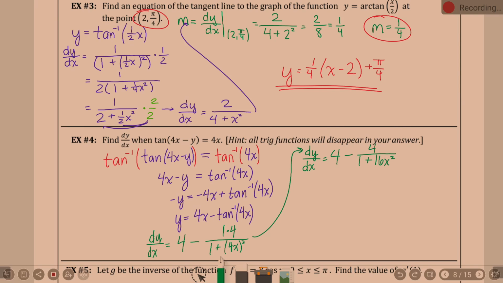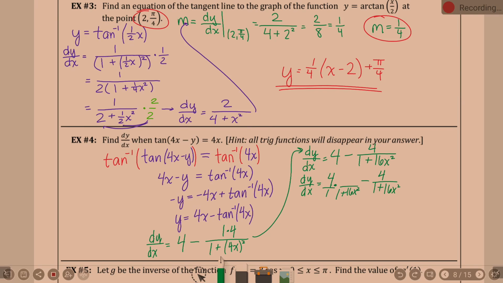The idea is, what would the denominator have to be? Because I already have the 1 plus 16x squared, this front part, 4, is going to have to become a denominator of 1 plus 16x squared.